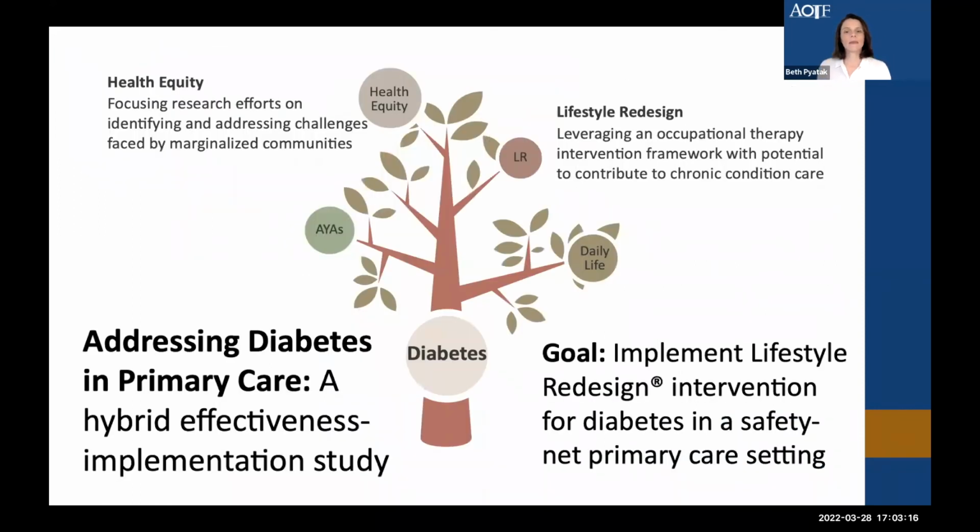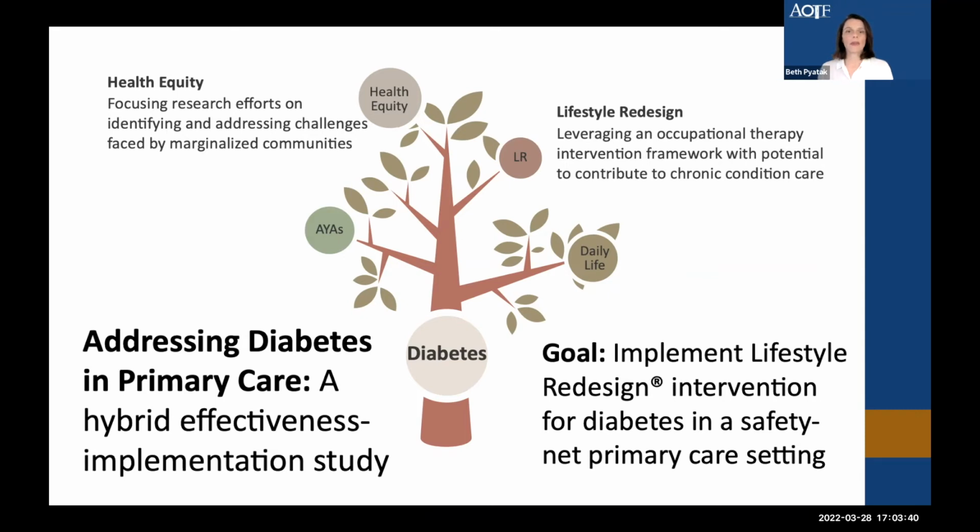And as I mentioned, after we published the study showing the evidence of the Real intervention in improving blood glucose control, we had an opportunity to implement this through pilot funding from our institution and from the Department of Health Services in a primary care setting within the LA County Public Health System.